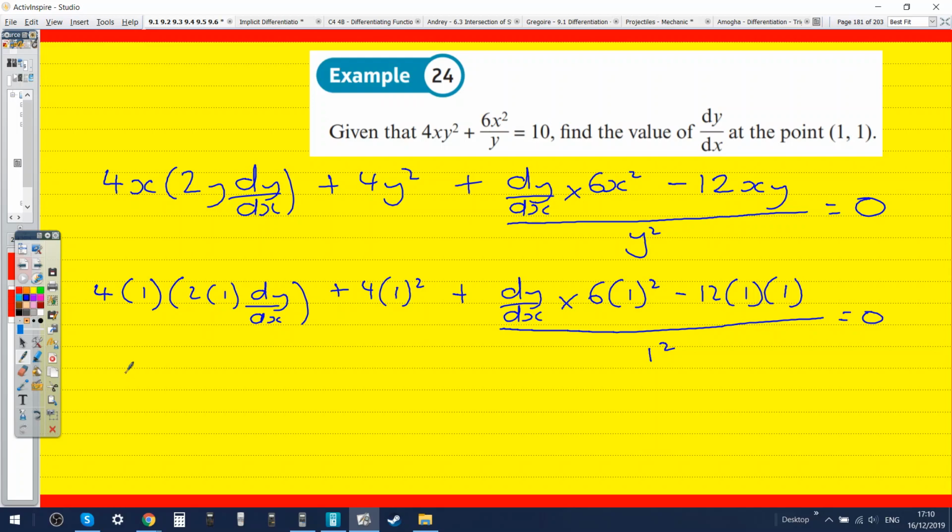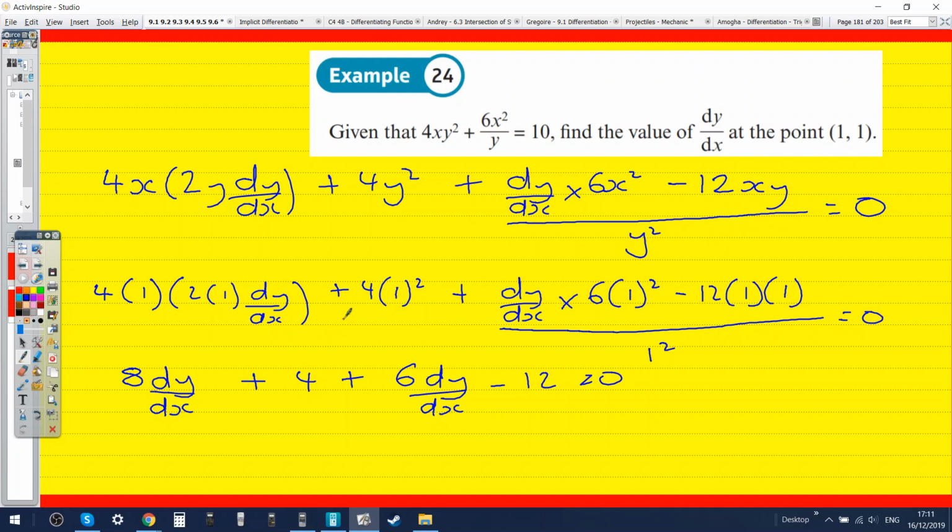So that would be 8 dy over dx plus 4, plus 6 dy by dx minus 12 is equal to 0.